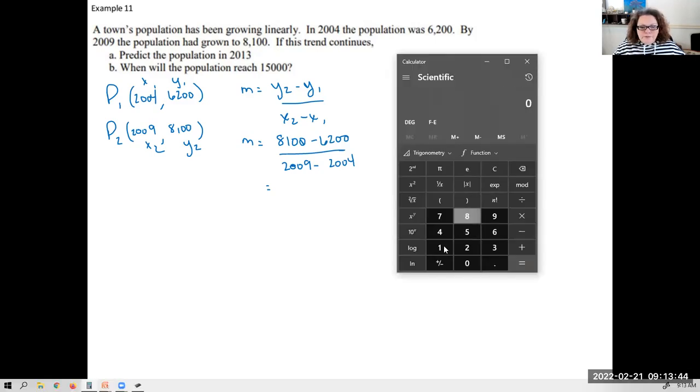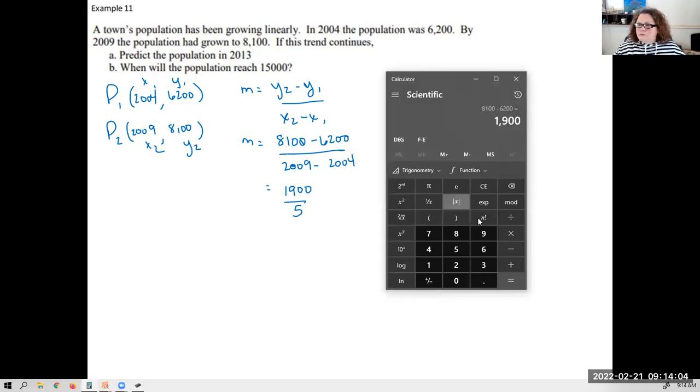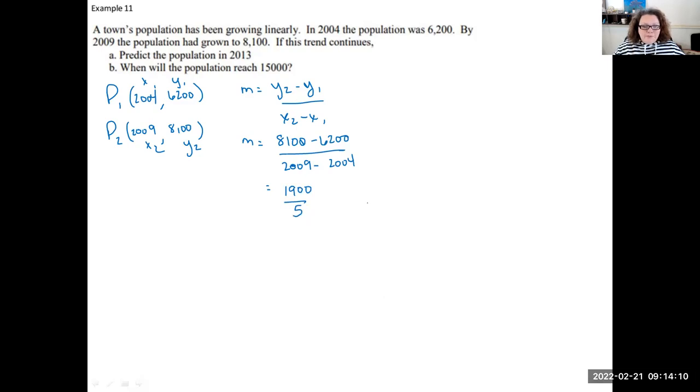So 8,100 minus 6,200 is equal to 1,900, divided by 5 is 380. That is what our rate of change is. It's positive. So the town's population is increasing by 380 people per year.